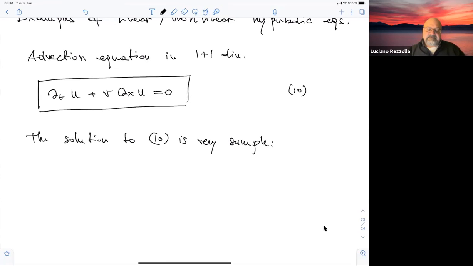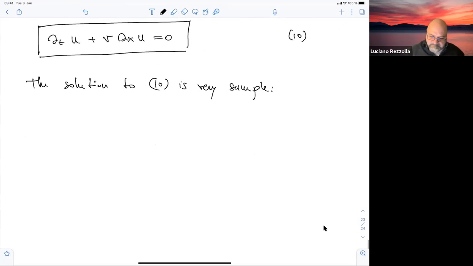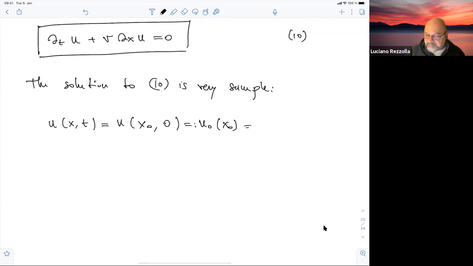And it is essentially saying the following. If I want to know the solution at any position x at any time t, all I need to do is look at the solution at time 0 and at position x naught, where I can define this to be u naught of x naught, and this would be u naught of x minus vt.